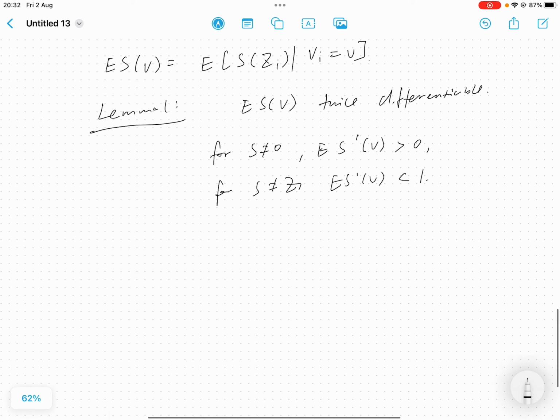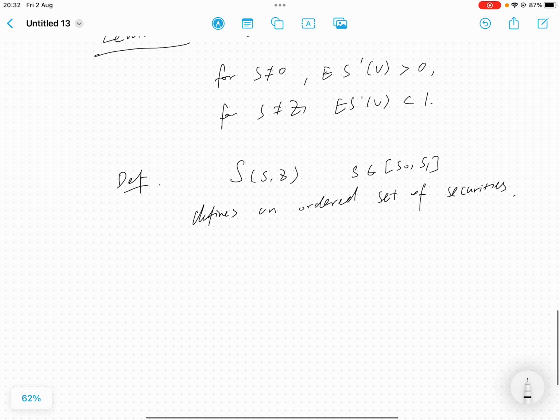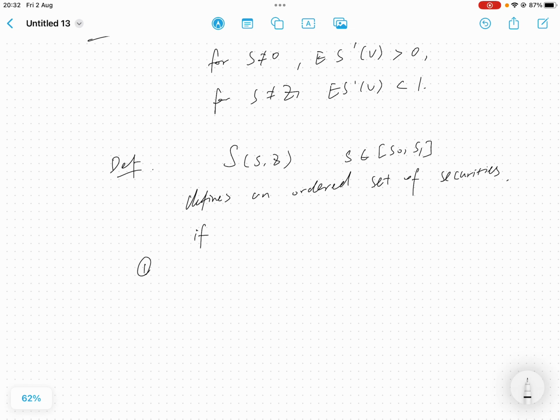So that's some basic definitions and properties. Another useful definition is this: a function big S of small s, for the small s between S0 and S1, defines an ordered set of securities if, first, it has to be a feasible security, so we have those requirements before.